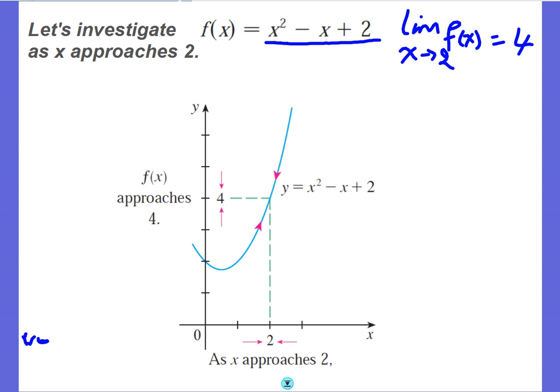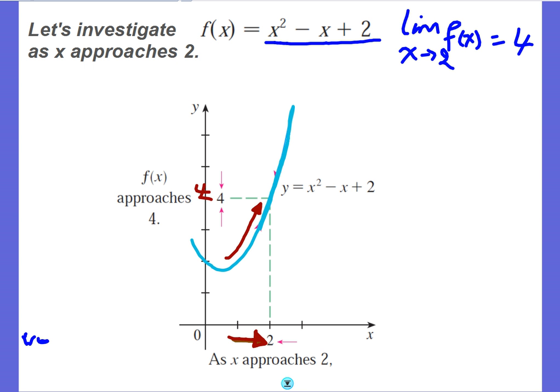It means that when you take x going to 2 from the left side first, what is our f of x? This is our graph of y equals f of x. When x is getting close to 2 from the left side, y will be getting close to 4, right?